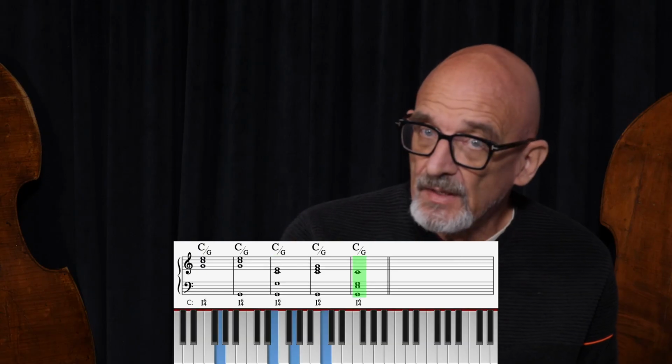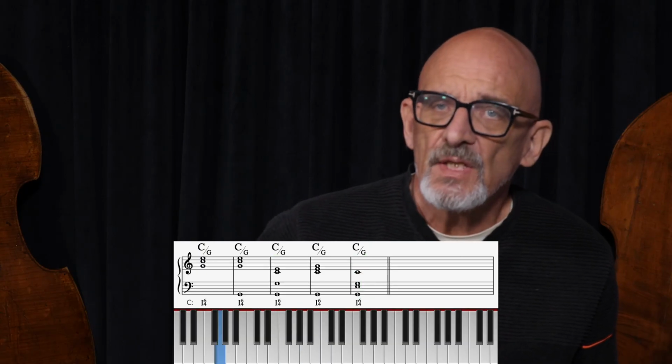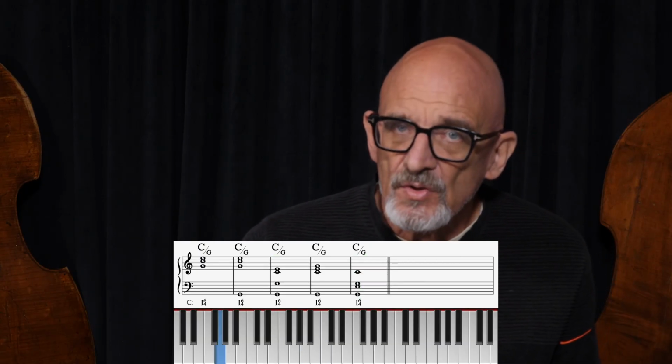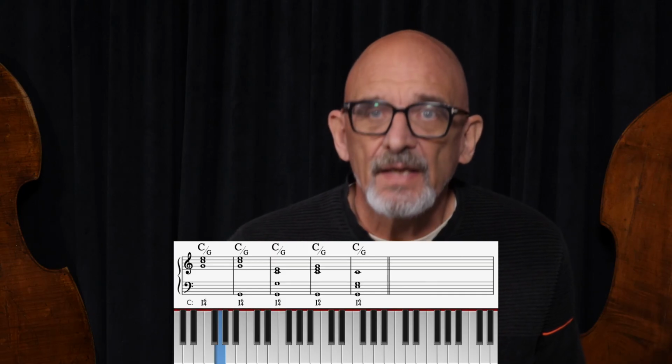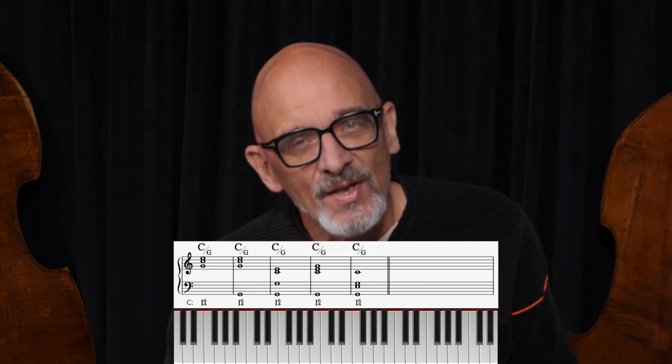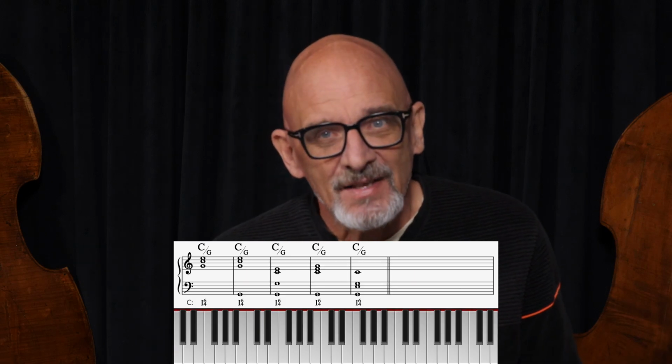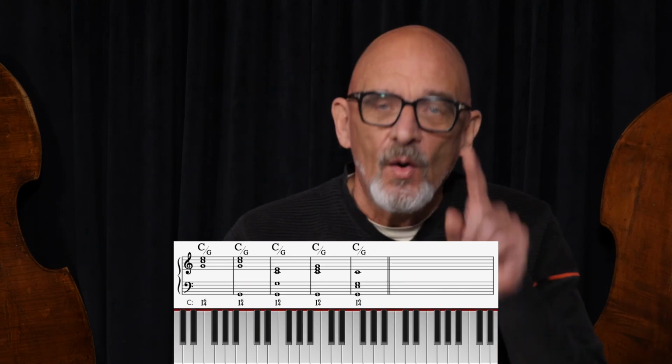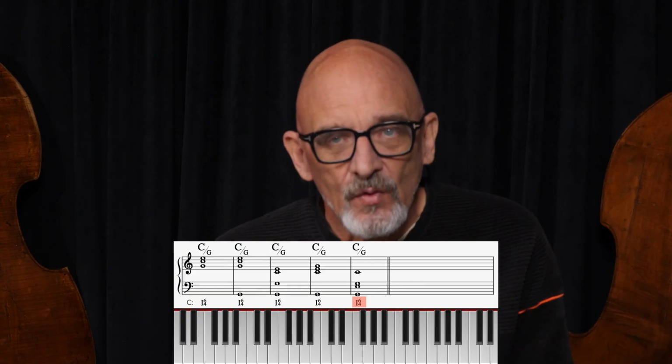Doesn't matter what I play in the right hand, that G is in the bass. Second inversion, 6/4 chord. If C was the first degree in the tonality of C major, it would have been 1 6/4.